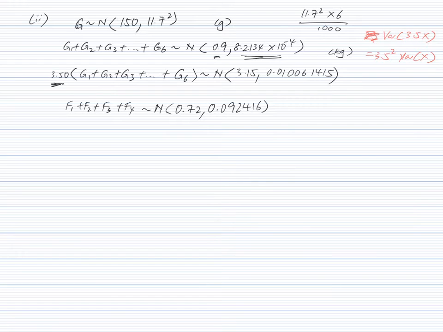Again, I know that the Fuji apples cost $5 per kilogram, so I'm going to multiply by 5. I've already converted to kilograms. I skipped a few steps: 5 times F1 plus F2 plus F3 plus F4, the normal distribution again.